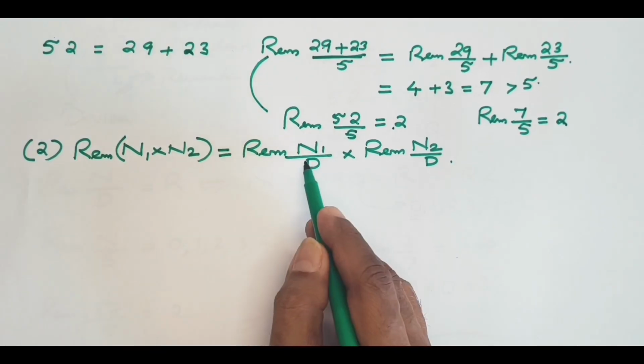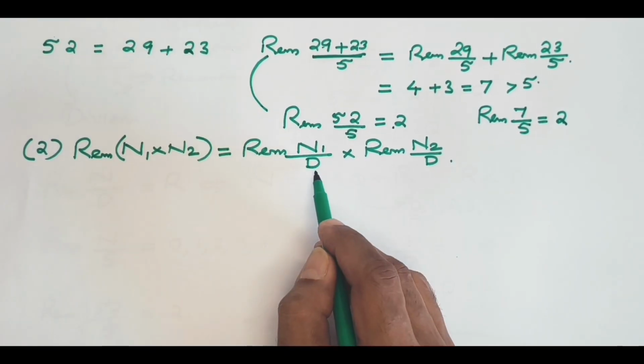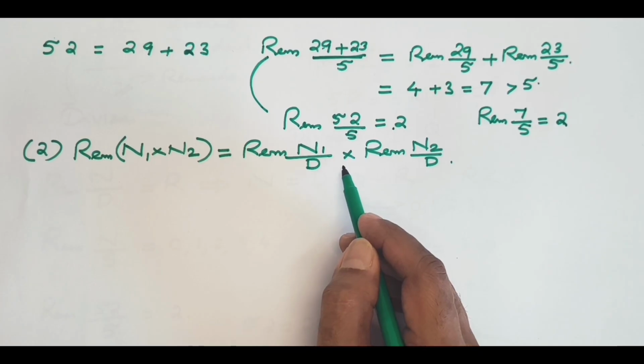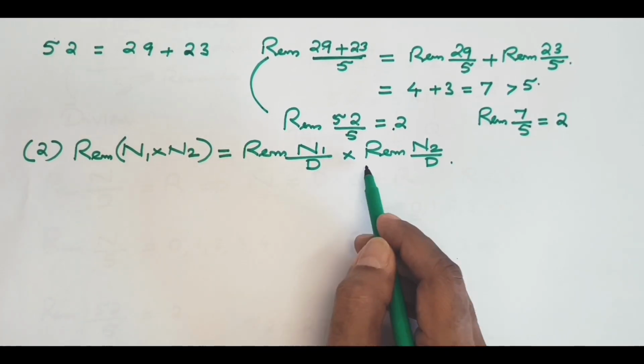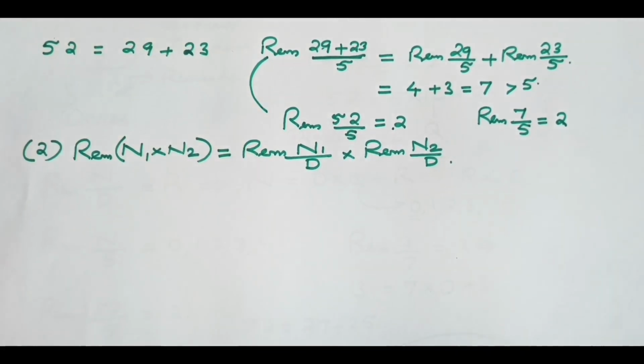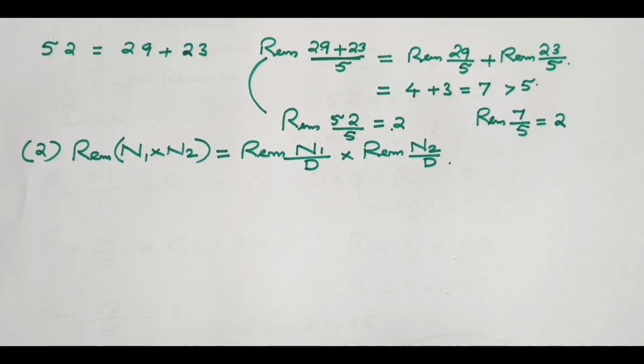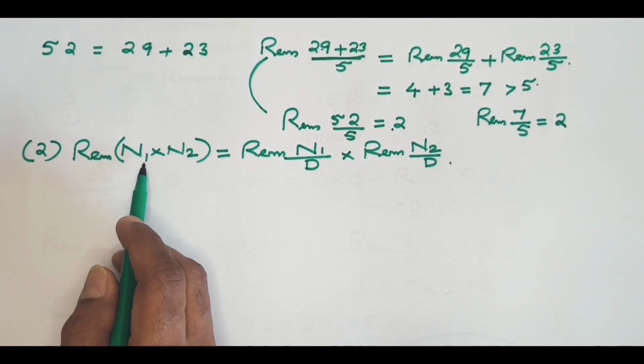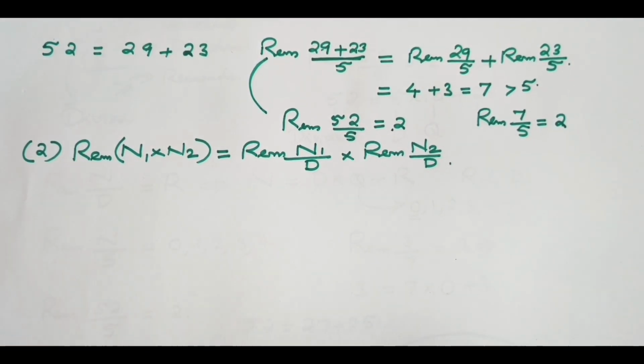When you do this, if you are getting a number bigger than the divisor as the remainder, you will further divide whatever remainder you get by the divisor, which will give you the remainder as less than the divisor. So these are the two simple results you need for solving almost every problem on remainders. There is one more result you can derive from this result, which I will show you after working out a few problems based on these two results.